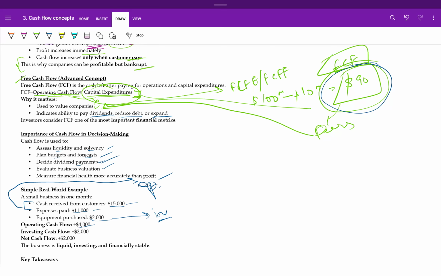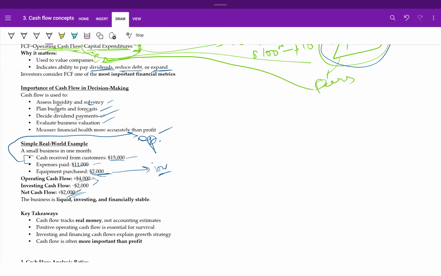And since we have purchased equipment, this is going to be a negative number. The interpretation is that the business is liquid, investing, and financially stable because we actually have a positive free cash flow. So net cash flow is positive.